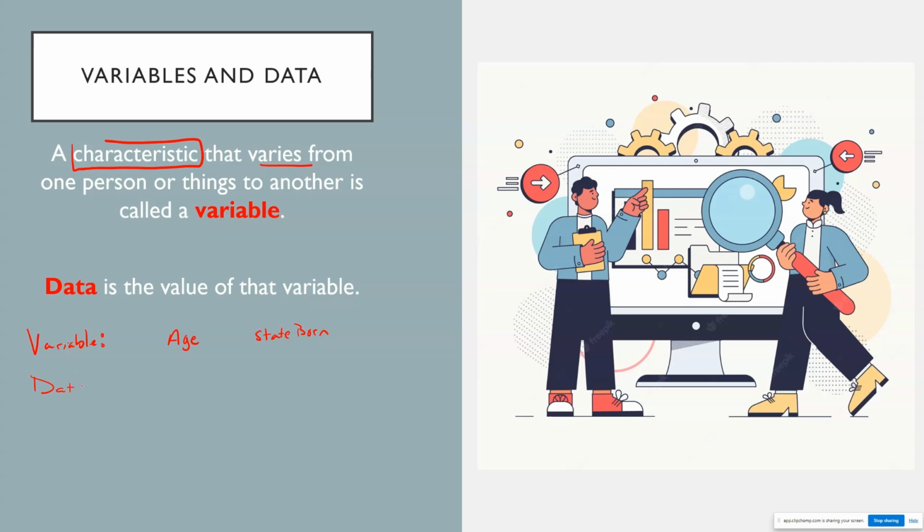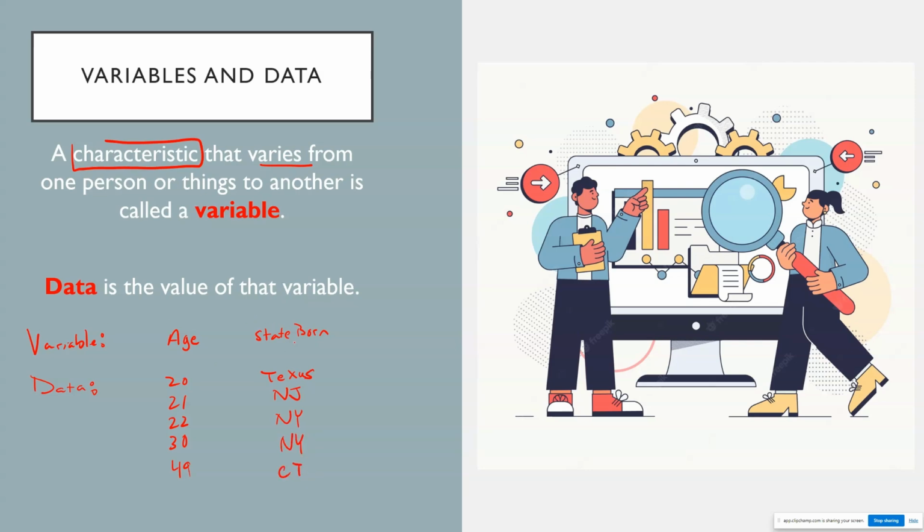So, for example, suppose we have a data set of five people. You could say, how old are you? Well, they're 20, 21, 22, 30, 49. Those are their ages. So that's the data you collect for the variable age. And then you could also do the state they were born in. For example, you could say, I was born in Texas, or I was born in New Jersey or New York, or someone else could also be born in New York, or maybe someone was born in Connecticut.